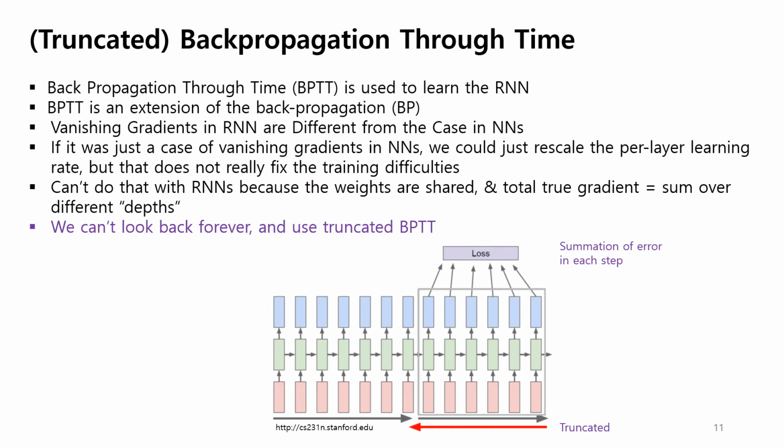Now let's talk about backpropagation through time. Backpropagation through time is very similar to ordinary backpropagation. The only difference here is we compute the error at each time step and add them together, and that becomes the final error function of backpropagation.